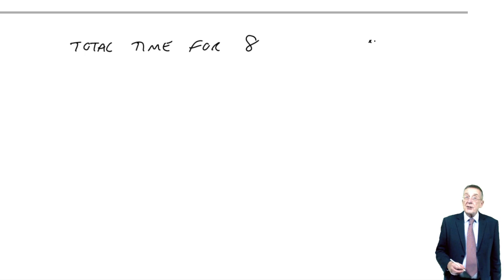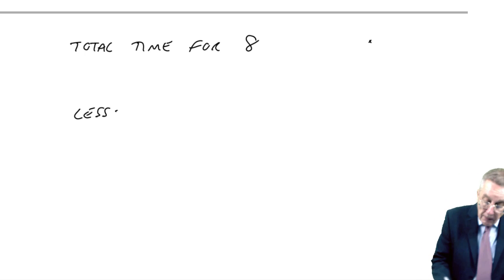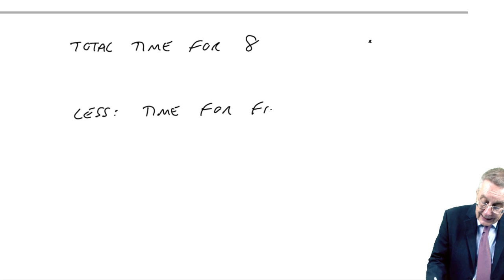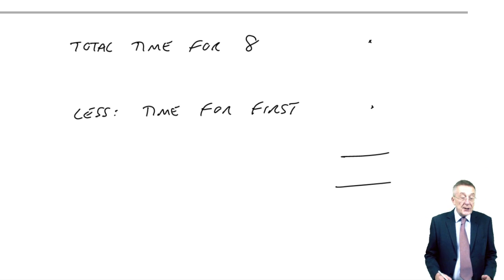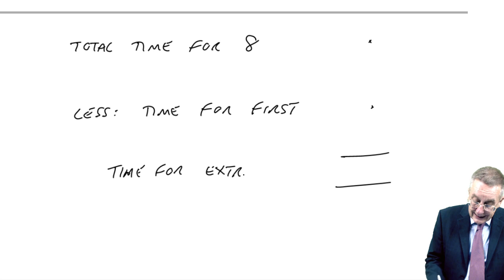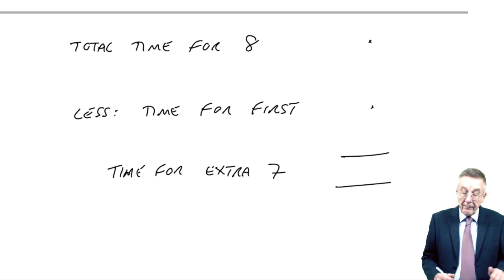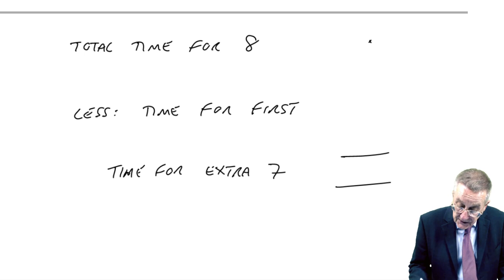And if I know how long it takes to make 8, if I subtract the time for the first, then surely the difference will be what the question asks for. That'll be the time for an extra 7. How long's the first one? That's no problem, of course, 100 hours.